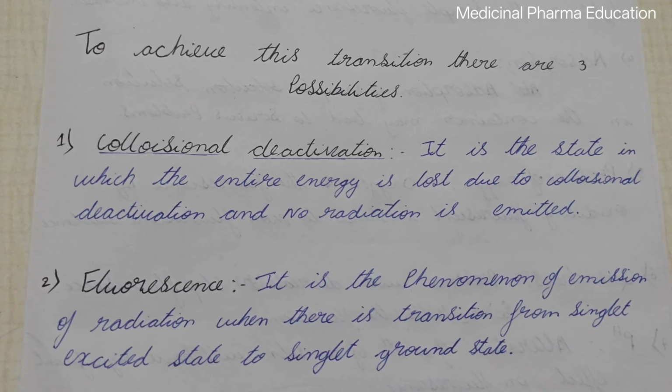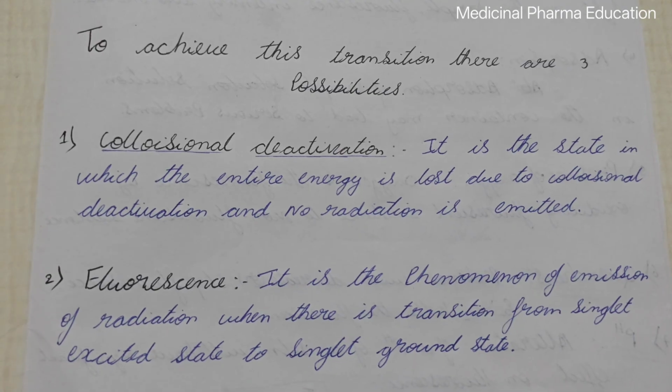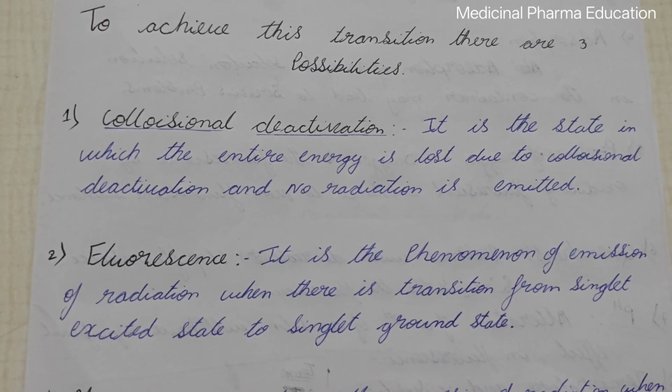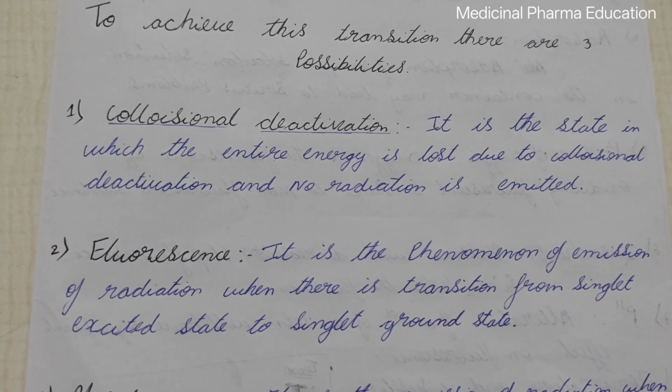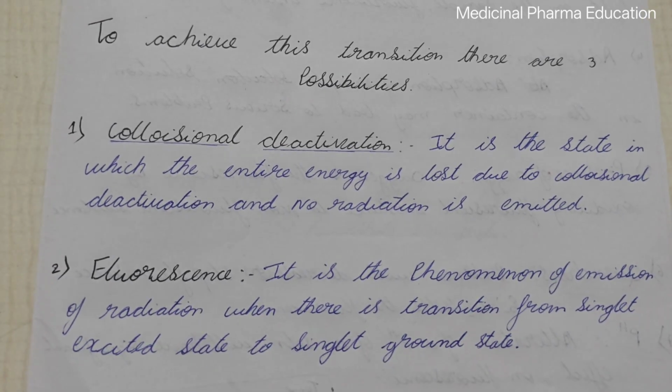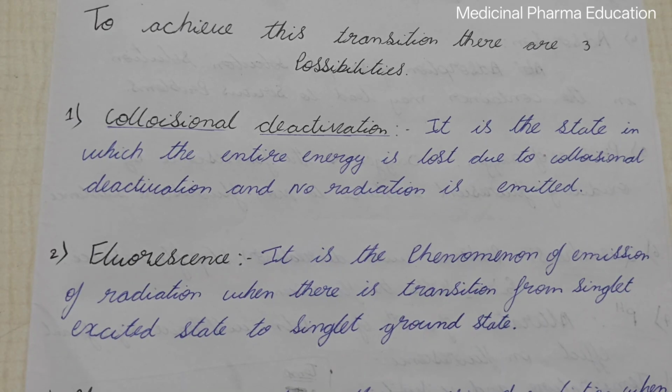In S1 you can see fluorescence. Here see the definition of fluorescence. It is a phenomenon of emission of radiation when there is a transition from the singlet excited state to the singlet ground state.